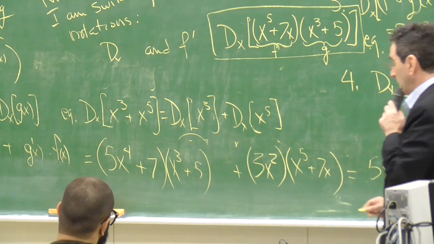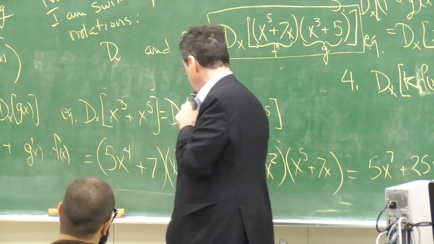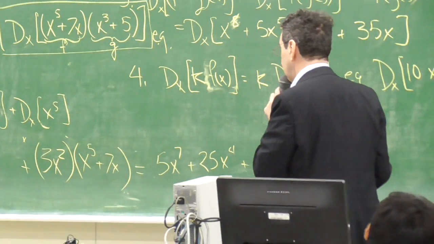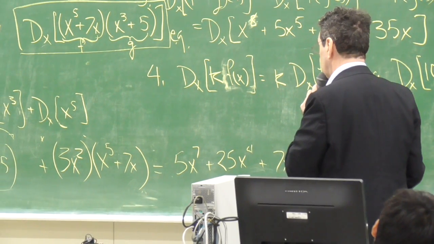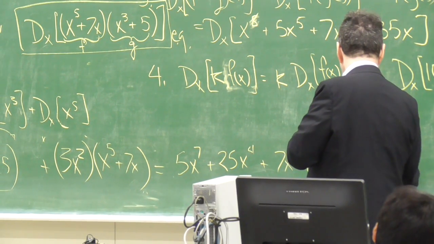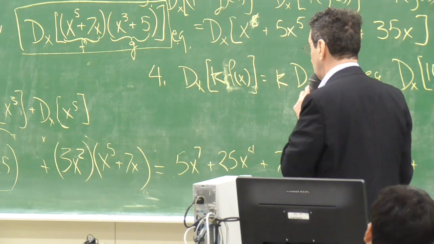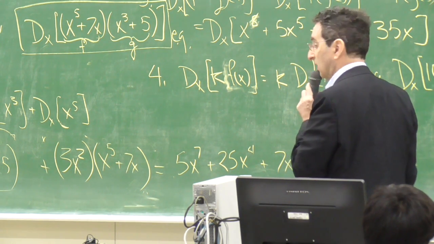That's the first term here, this first piece here, right? Plus what? 3x to the 7th plus 21x cubed, right?